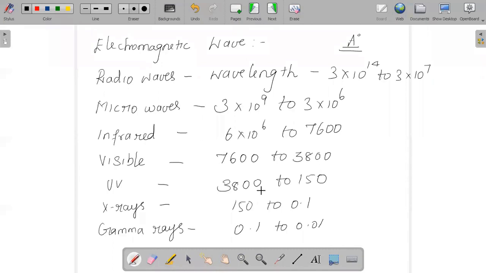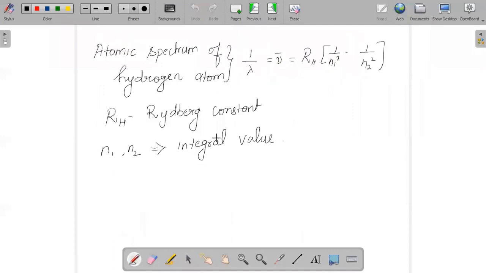So why is the range important? Because we have to calculate the atomic spectrum of the hydrogen atom, and everywhere you will come across questions related to series. Based on the value of the wavelength, you need to calculate in which series it will come. If I say series, you will remember the atomic spectrum of hydrogen: 1 by wavelength is equal to RH times (1 by N1 square minus 1 by N2 square).